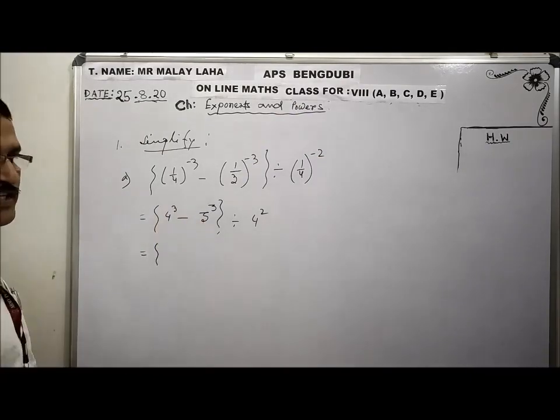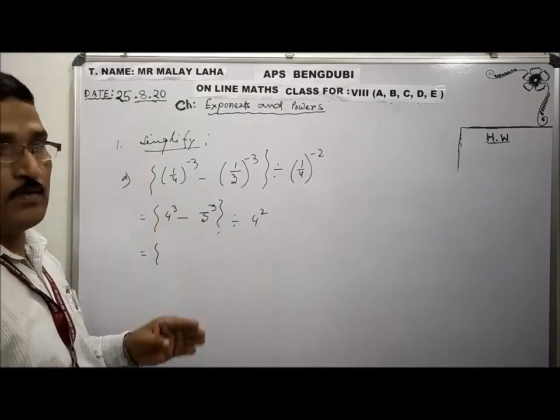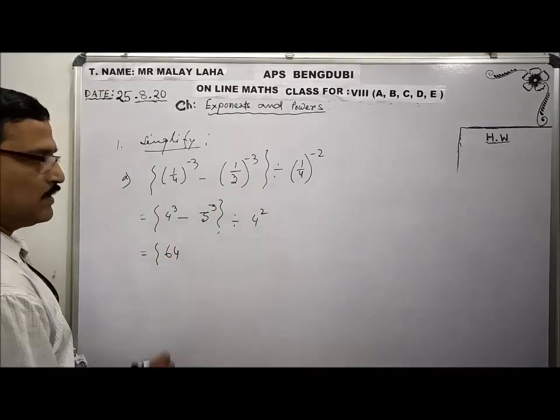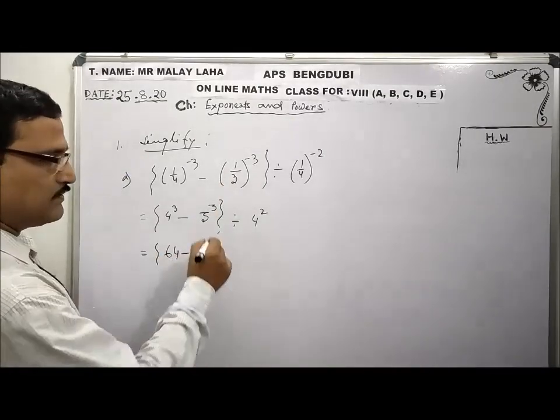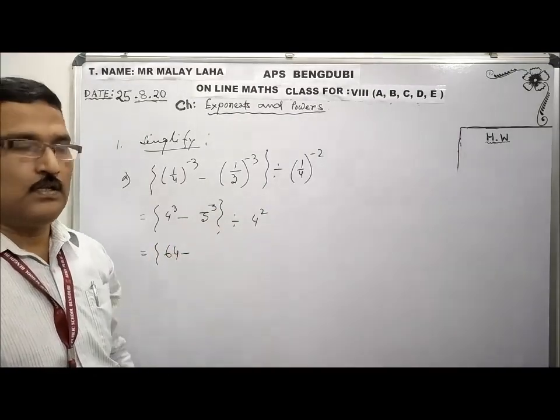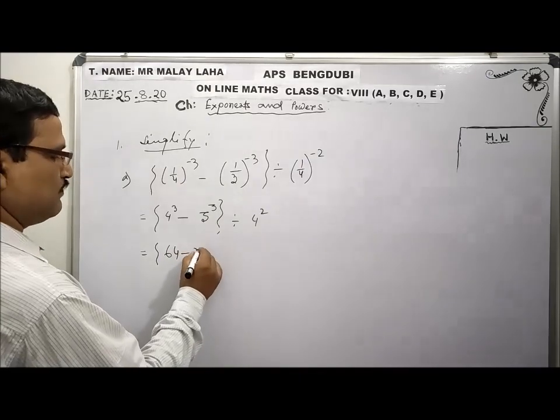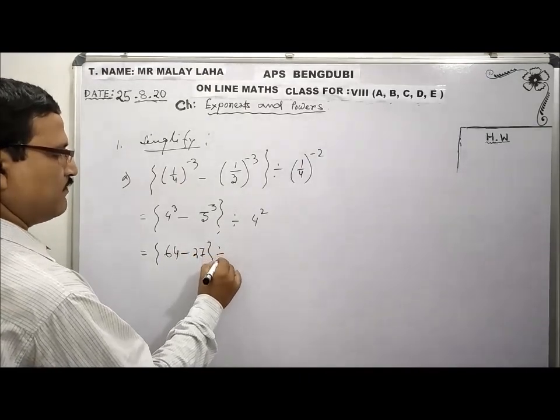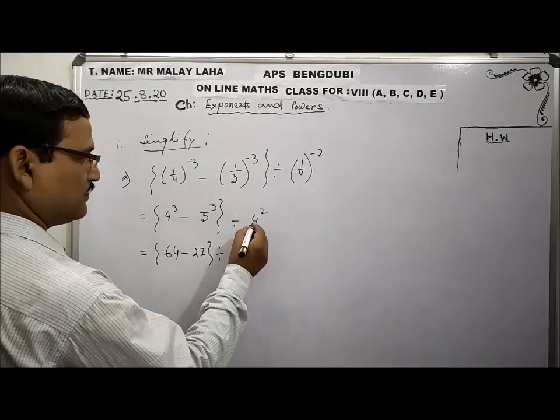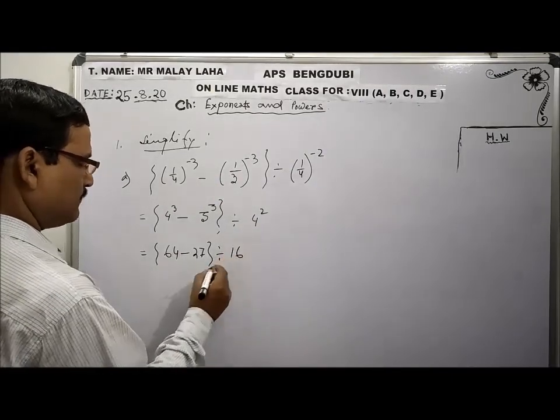What is the result here? 4 three times: 4 fours are 16, 16 fours are 64. So it will be 64. And 3 three times: 3 times 3 times 3 is 27. Divided by 4 fours are 16.